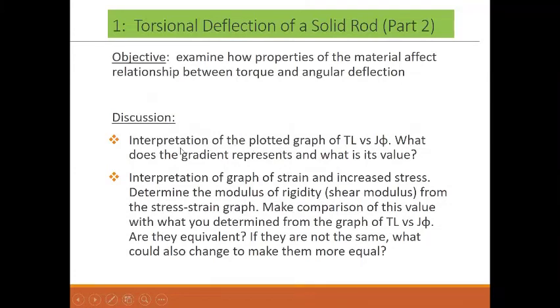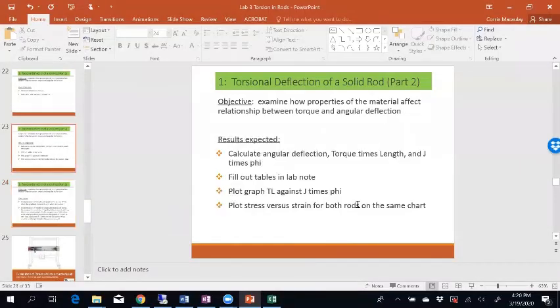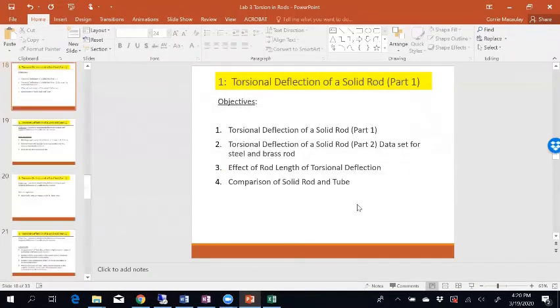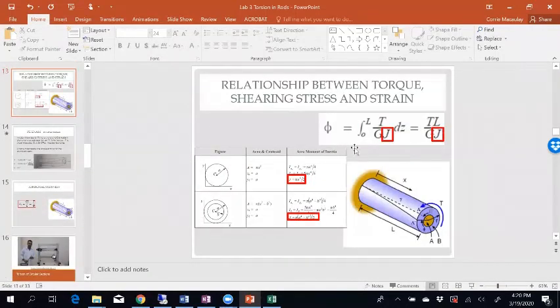I want you all to be able to interpret that graph of TL versus J times phi, right? What does the gradient represent and what is its value? I'm going to go back to the equation. Now keep this in mind, right? TL, J times phi. All right, so let me go back to this equation. Phi equals TL over JG.